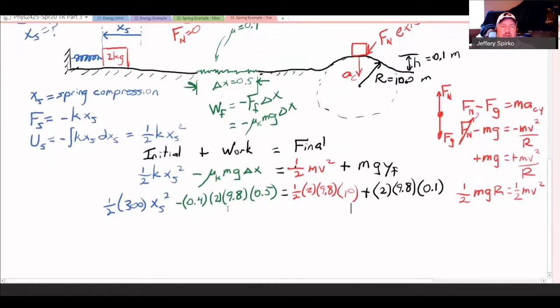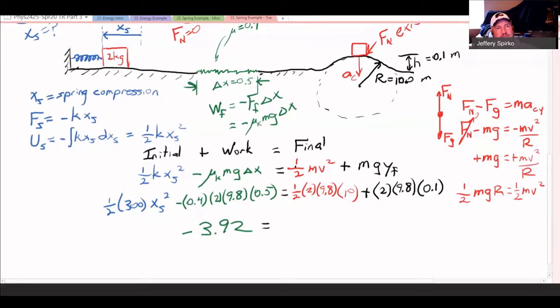Now we're down to an equation where we know everything except one variable. And I actually want to calculate these individual terms because amounts of energy mean something to me. So 0.4 times 2 times 9.8 times 0.5 is 3.92. So this green term is minus 3.92, equals the red term, which is 1/2 times 2 times 9.8 times 10, of course, 98.